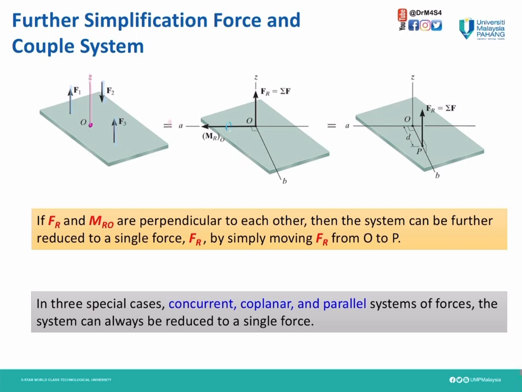We can simplify into a single Fr on the Z-axis, then simplify that into MRO, where we know Fr is F1 plus F2 plus F3. Further, we can simplify that into one single Fr at distance D, moved from point O to point P.